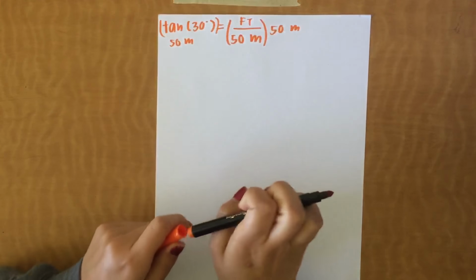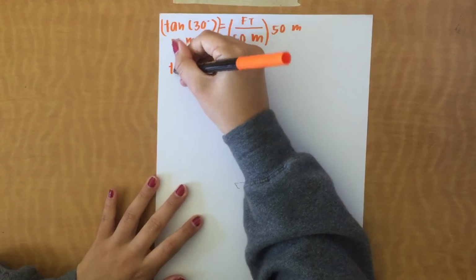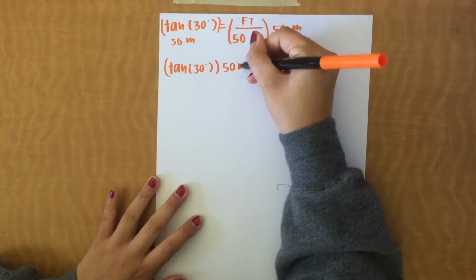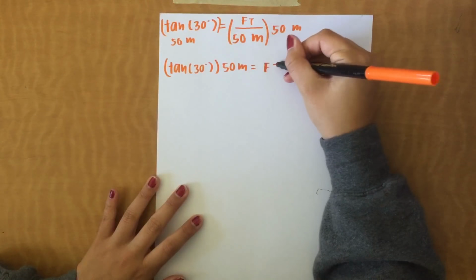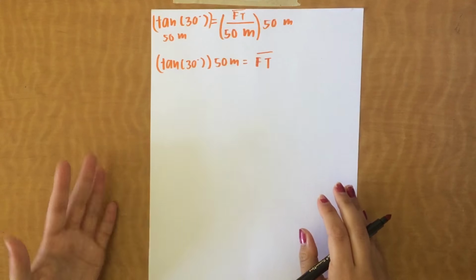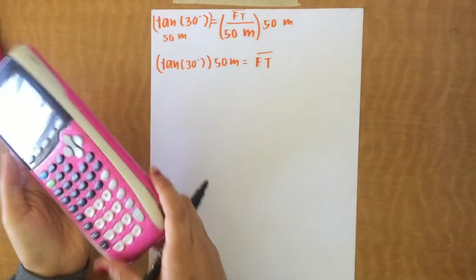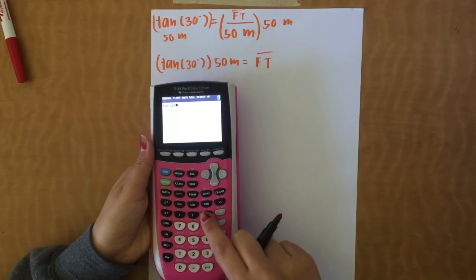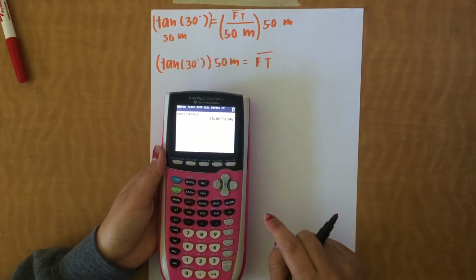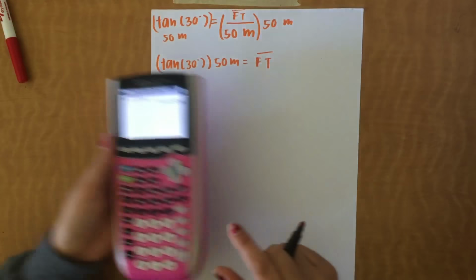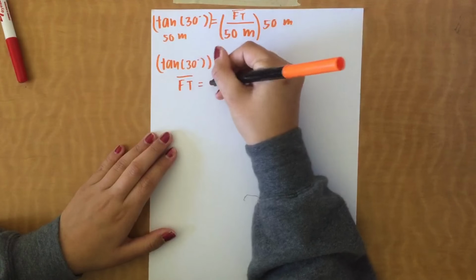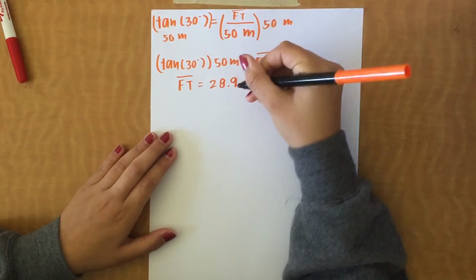So we'll have tangent of 30 degrees times 50 meters equals FT. From here, we'll just have to use a calculator. Tangent of 30 degrees times 50 gives 28.867, which we'll round to 28.9. So FT equals 28.9 meters.